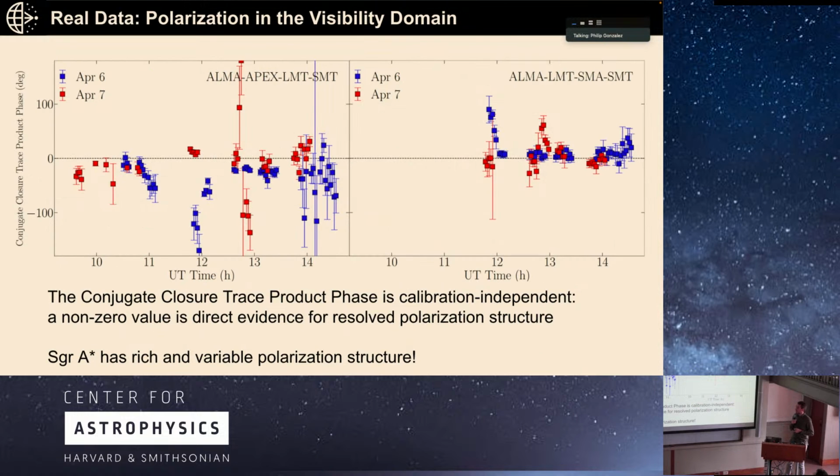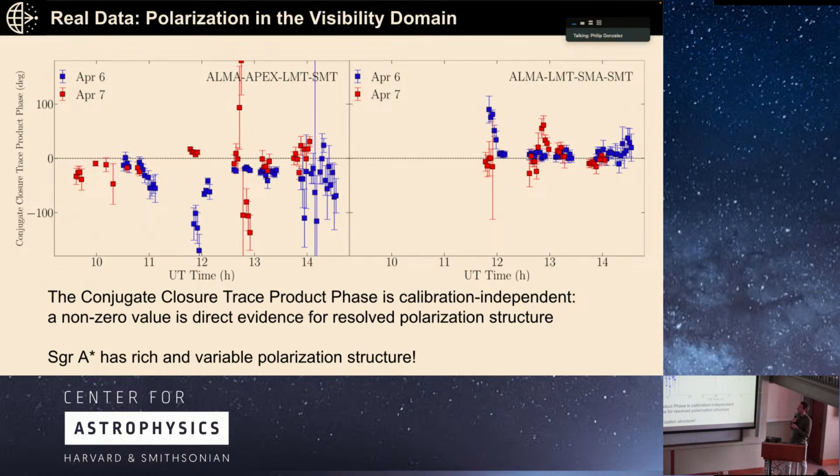One other way you can show that is using this data product, which we call the conjugate closure trace product phase. I won't go into detail about what it is, but the thing to remember is that this is calibration independent, so it doesn't depend on any of our calibration assumptions. And if we see a non-zero value of this quantity, we know that we are looking at a source that has some interesting resolved polarization structure.